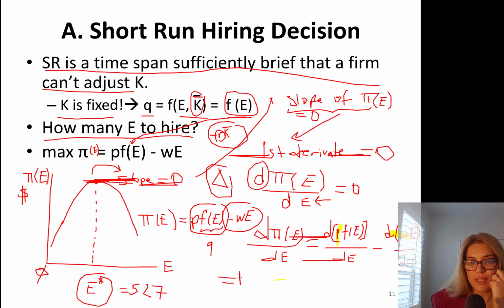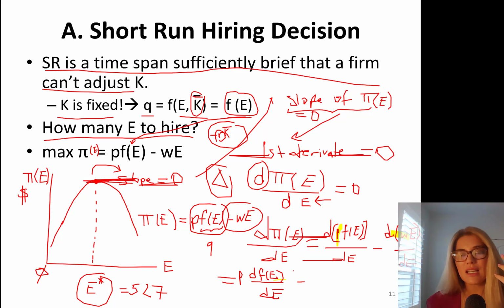So it is P times the change in F of E, I don't know the shape of the production function, okay, divided by DE. If you're having trouble with first derivatives, or you want to learn more just for future reference, email me. I'll be sending you some videos, okay?